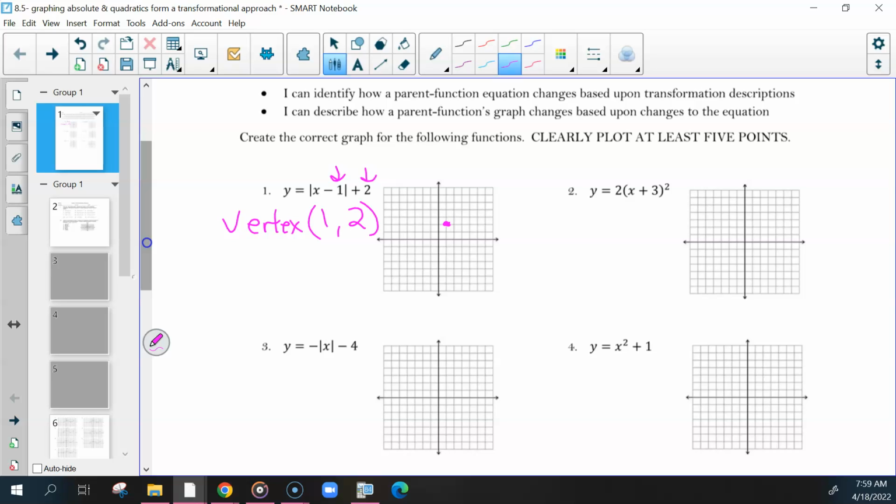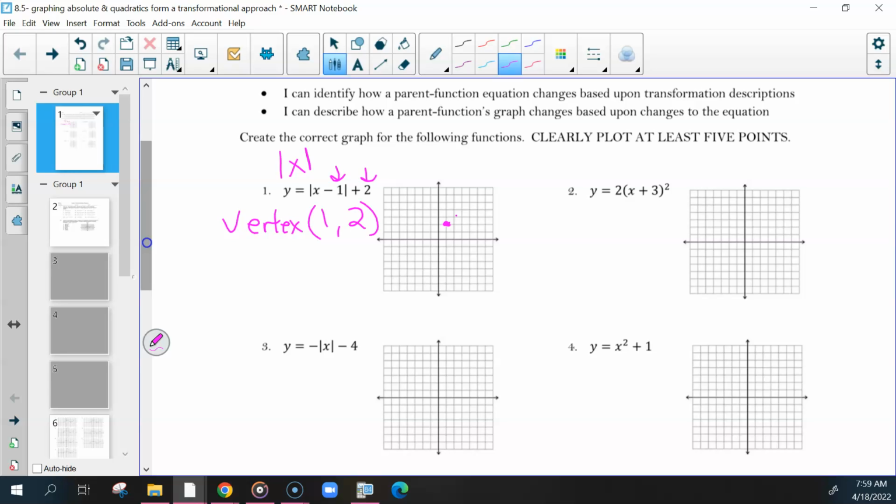And then we have to remember what this function looks like. This is the absolute value, so that's your V. And there's nothing on the outside of this, so it's not going to stretch or compress or anything like that. So that means the original function, V, has a slope of 1 on both sides.